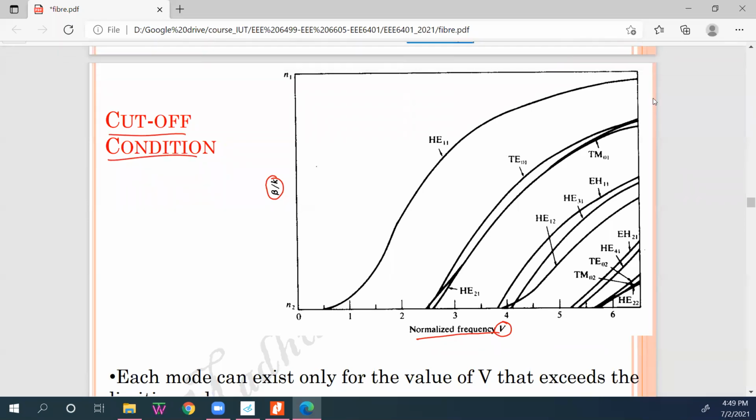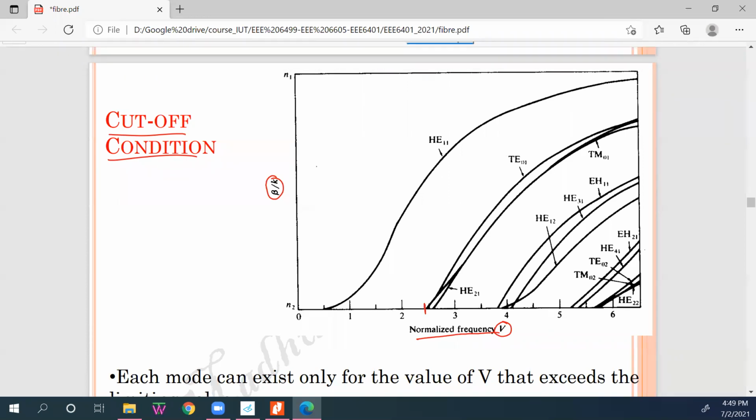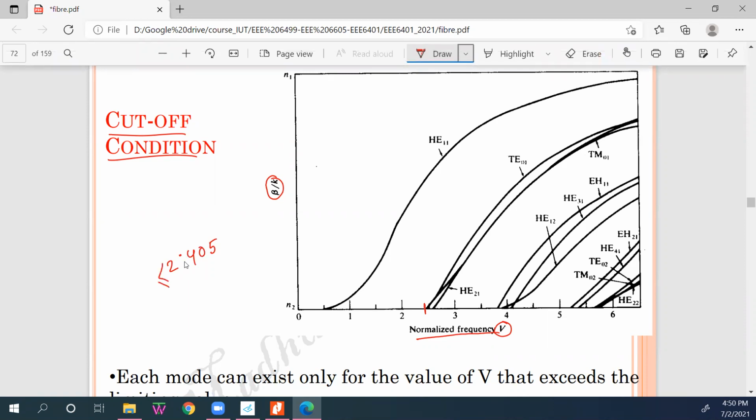So if we plot, we see that for a particular value, it is 2.4, right? This is actually 2.405. For V up to this value, we have a single mode.